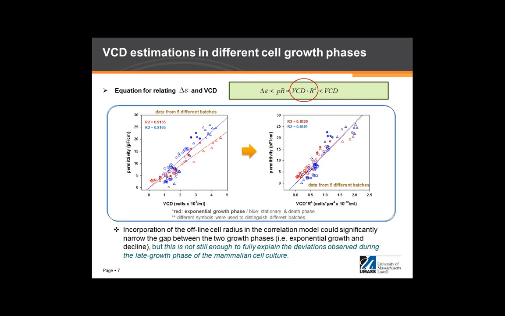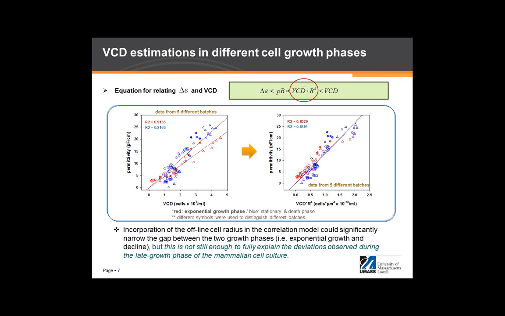However, even if you calculate one single line, based on the data points up to the plateau period, after the plateau period you still see quite a significant amount of deviation at the upper corner.